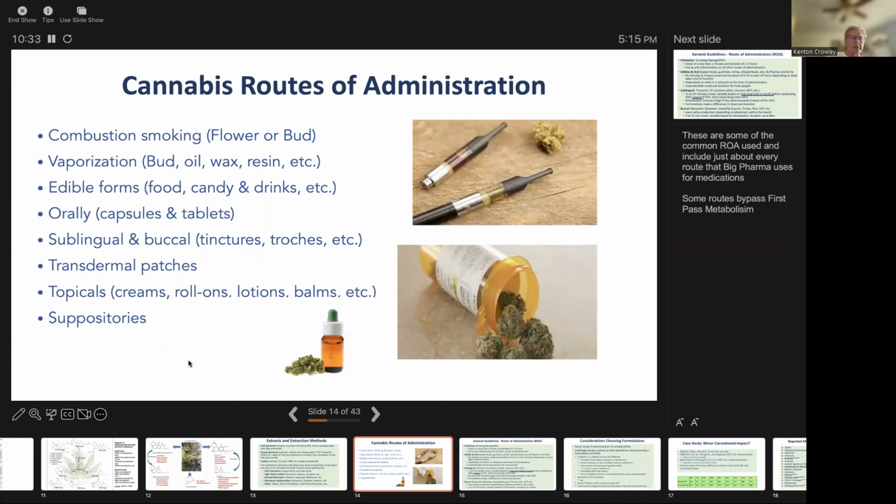Ingestion, there's a term used, edible, which I like to try and focus as food, candy, drinks, etc. But they're both being consumed orally, whether it's a pharmaceutical dosage form like a tablet or a capsule. Sublingual and buccal means placement in the mouth, both looking for oral mucosal absorption. And then you have topicals, transdermal patches, suppositories, bath bombs, you name it.